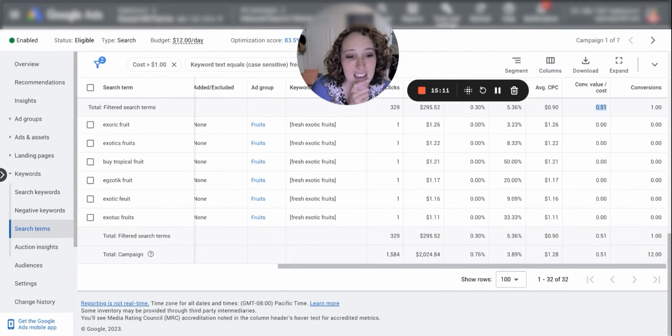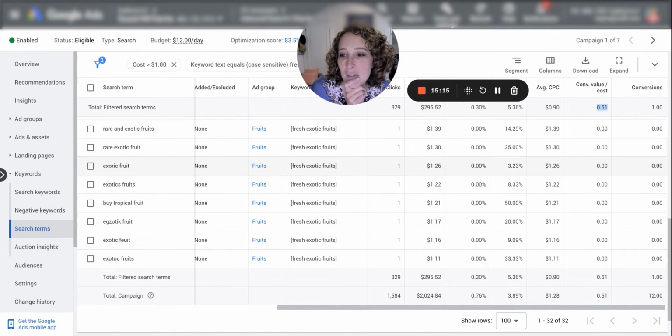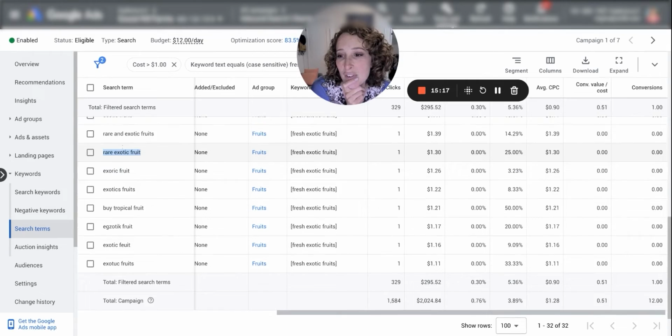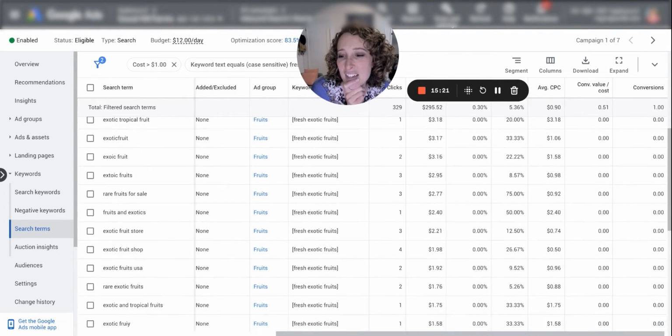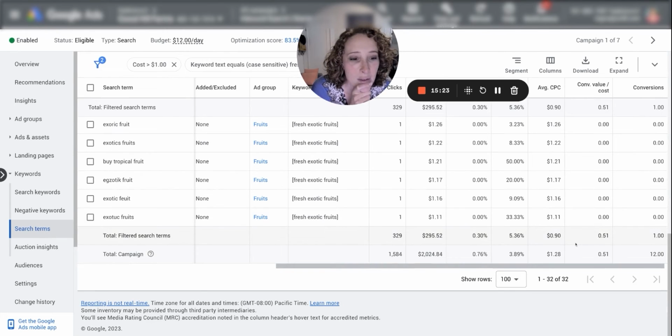There are, wow, there's 32 versions of the same search term. Exotic fruit, rare exotic fruit. It's just completely ignoring the word fresh. And at the bottom, you can compare, let's see here. Okay, cost per click.